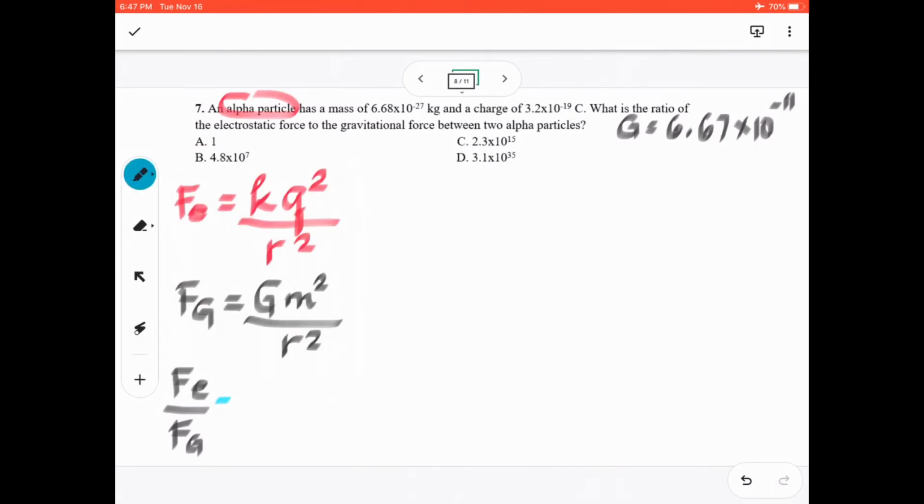Okay, so we're going to simplify. The formula for Fe is kq squared over r squared divided by the formula for Fg, which is Gm squared over r squared.